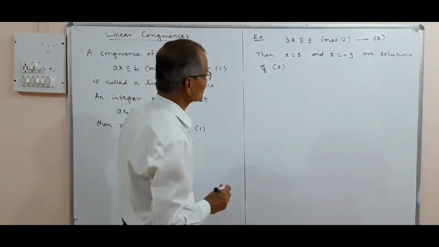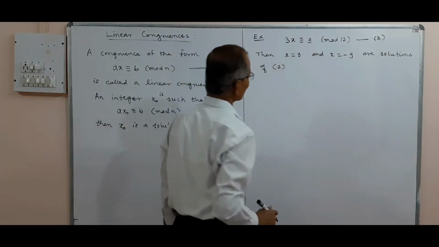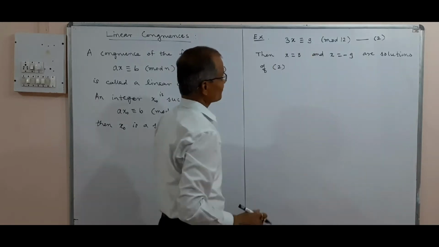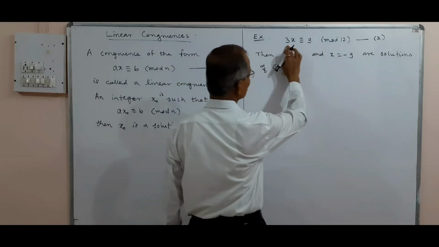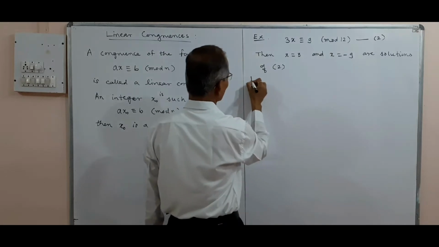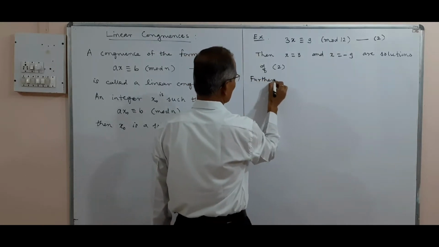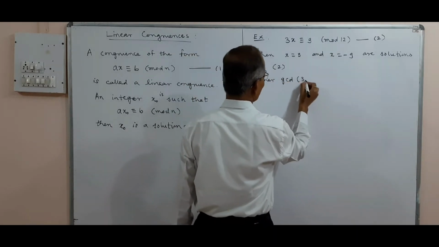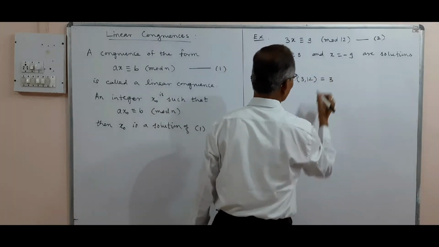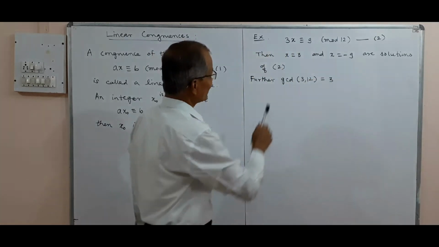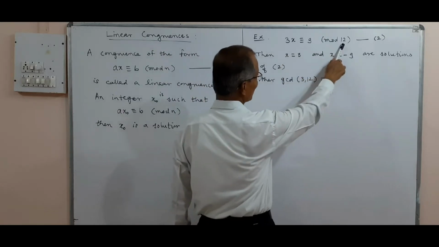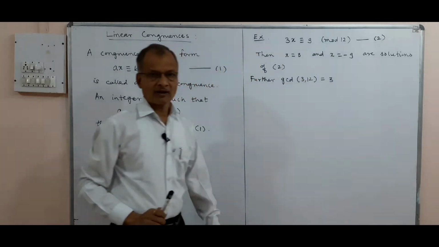To find other solutions, we may note again this congruence. Here 3 is a common factor. And also the GCD of 3 and 12 is 3. Therefore we can divide both sides by 3. Also we have to divide the modulus by 3.